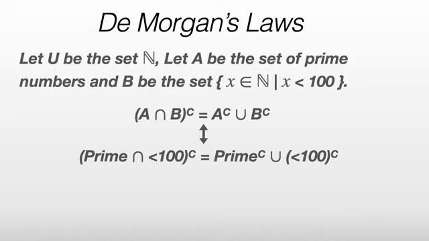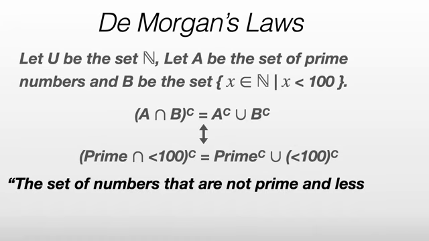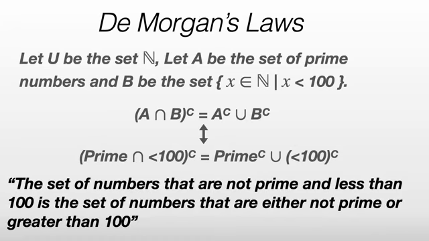Remember, the complement is like changing true to not true, and so the set of numbers that are not prime and less than 100 is the set of numbers that are either not prime or greater than 100. Notice that we're allowing numbers greater than 100, but only those that are not prime.